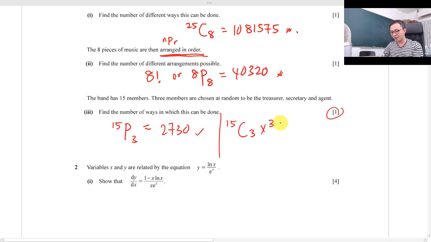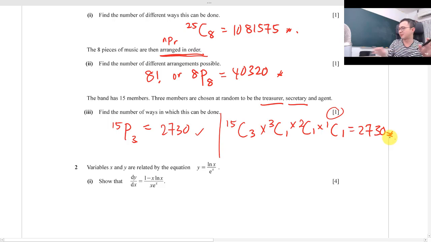Among the 3, I choose 1 for treasurer, then I have 2 left, I choose 1 for secretary, and the last one is for agent. You should still get the same result if you do it separately, but normally I will just do it all together. I hope you guys can understand here.